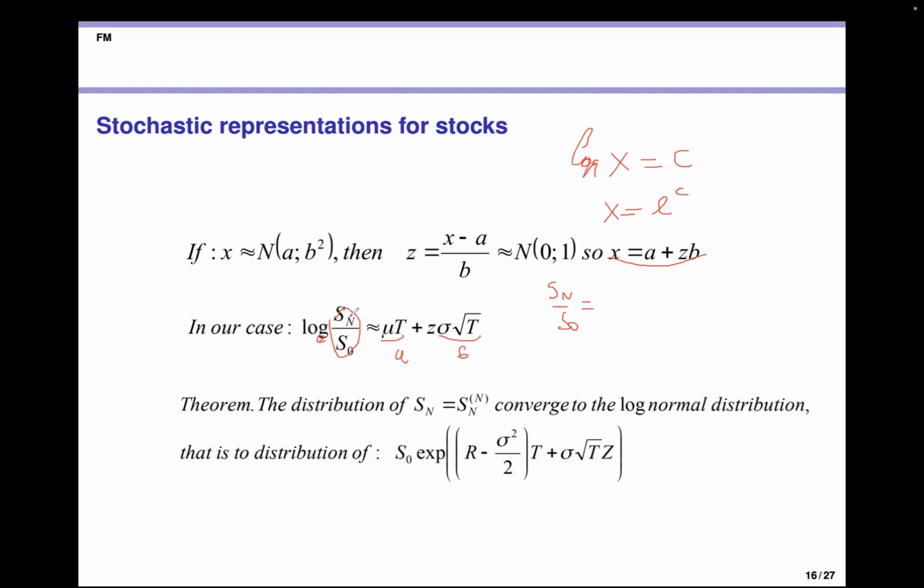So in this case, x equals e to the power c. But c is all this. From this, we can write Sn equals S0 multiplied by e to the power c, where c is mu t plus sigma square root of t times z.